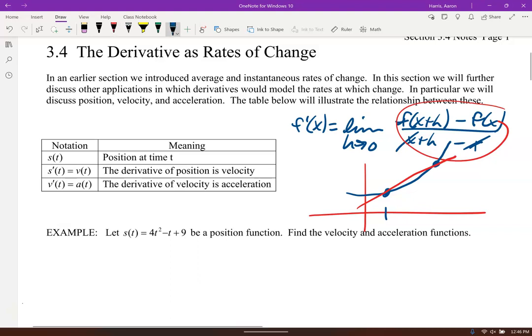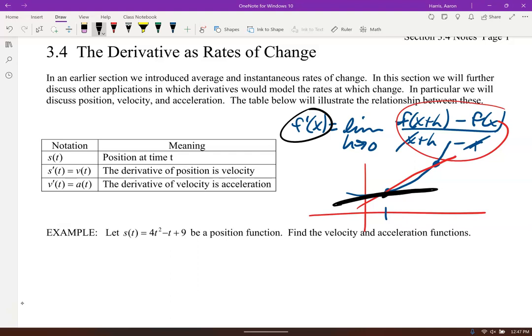That's our average rate of change on the interval from x to x plus h. But once we run that limiting process, limit as h goes to 0, that will give us the instantaneous rate of change, so the f prime at x, right?